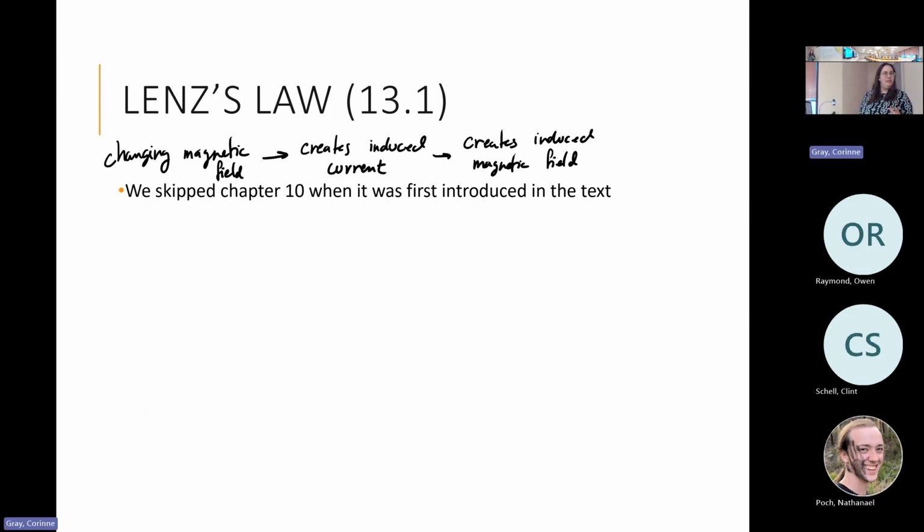So now I have two magnetic fields. I have a changing magnetic field, which created a current, which now is also changing that magnetic field. So now I have two magnetic fields interacting with each other. And as those interact with each other, the magnetic field is changing. And because the magnetic field is changing, so too is my current.